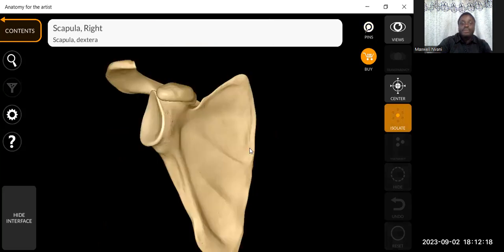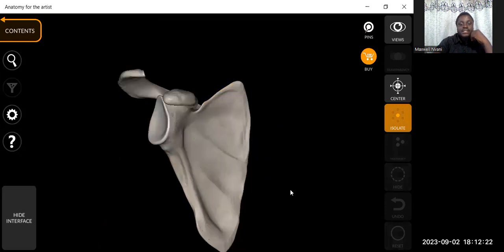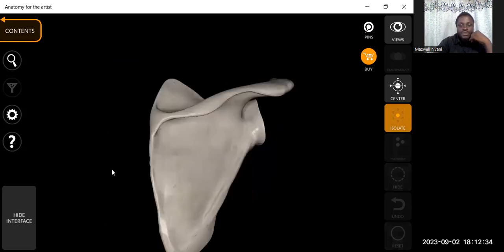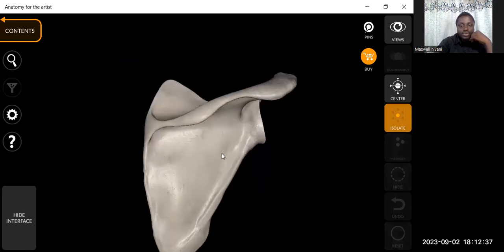Just as a recap of what we've talked about already, I said it has two surfaces. It has the anterior surface, which bears the subscapular fossa right here. And then the posterior surface, which is convex posteriorly and is divided into two: the upper smaller portion called the supraspinous fossa, and the lower larger portion called the infraspinous fossa.